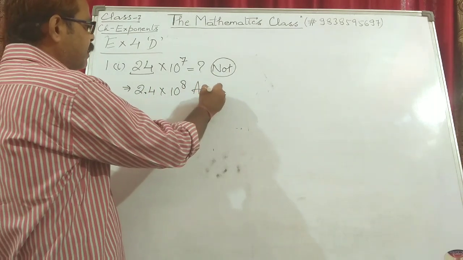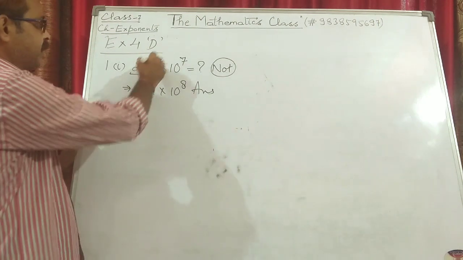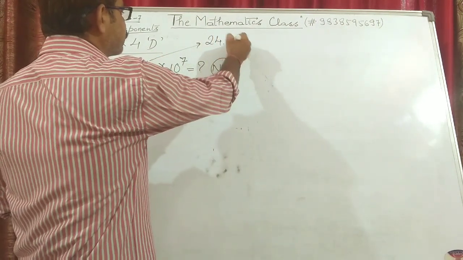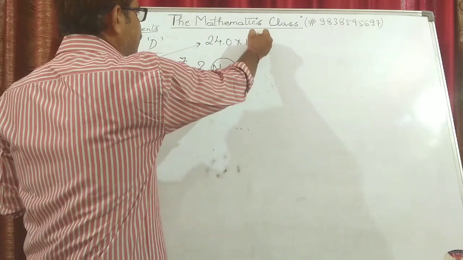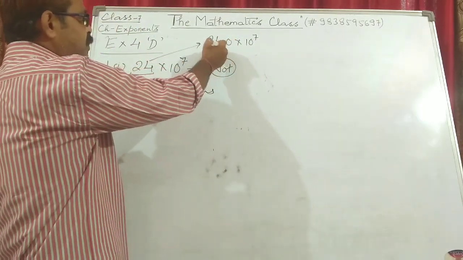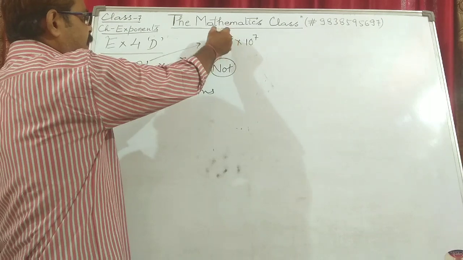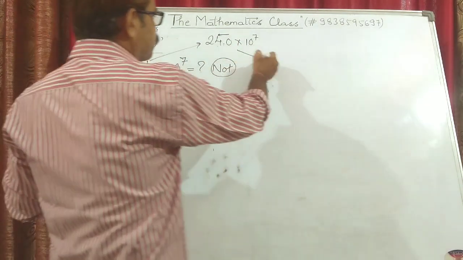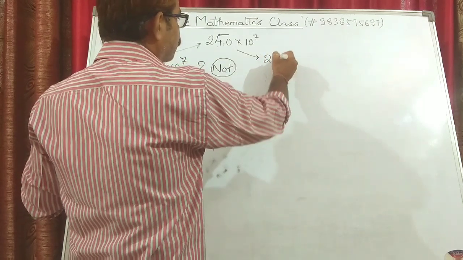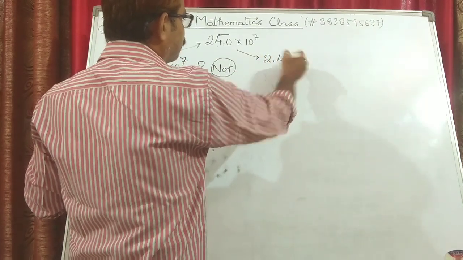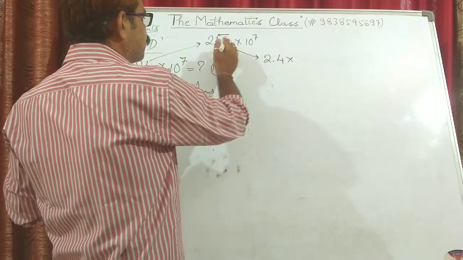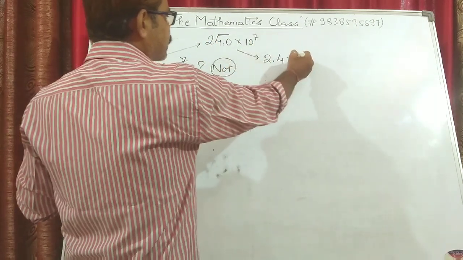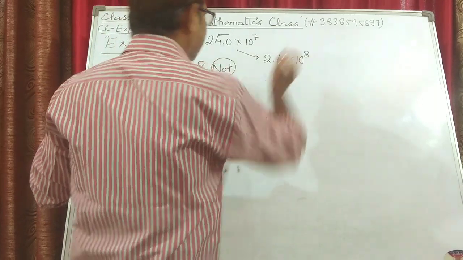This will be the value, because 24 can be considered as 24.0 into 10 to the power 7. When you shift the decimal from right to left, it will move one more place. So it will become 2.4 into, since the decimal has been moved to the left, obviously the power of 10 will increase, so 10 to the power 8.